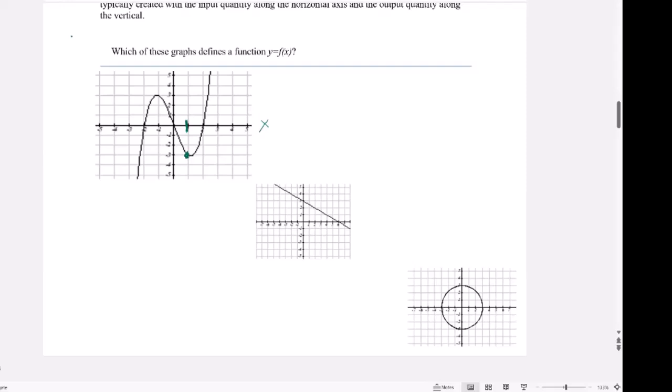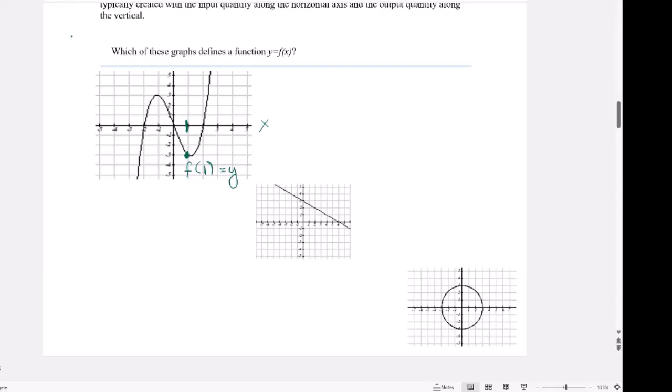So this is f of 1. Because my input is 1, my output is my y value, my function when x equals 1.